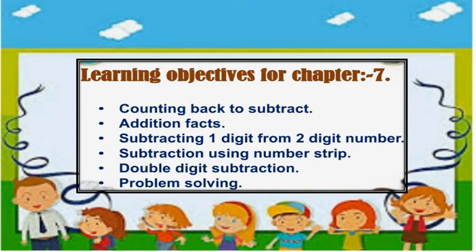What we are going to learn in the whole chapter 7: counting back to subtract, addition facts, subtracting one digit from two-digit number, subtraction using number strip, double digit subtraction, and problem solving.